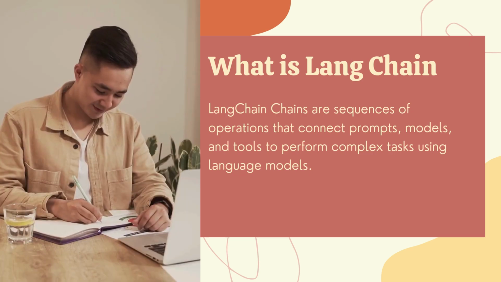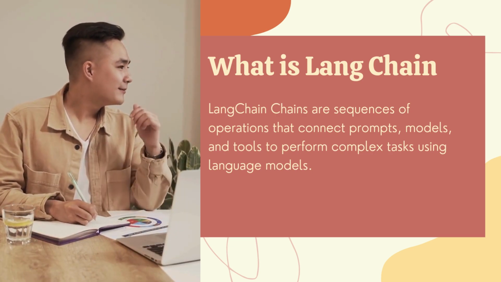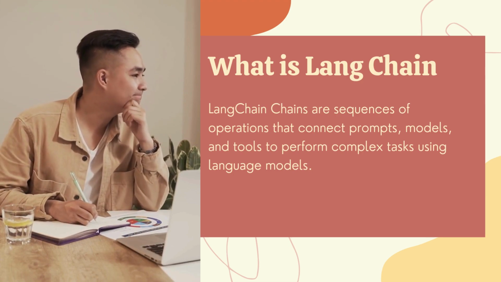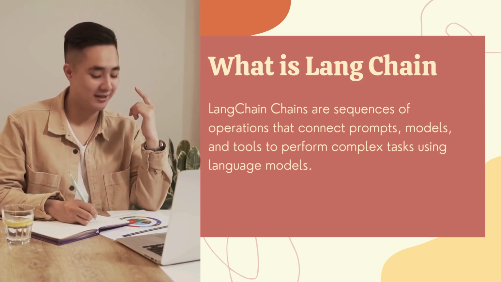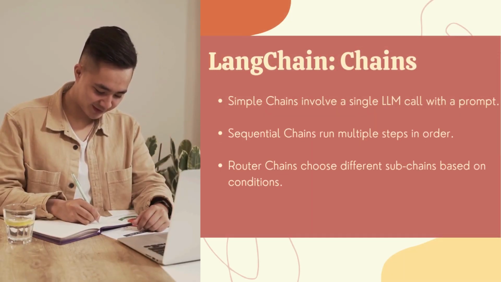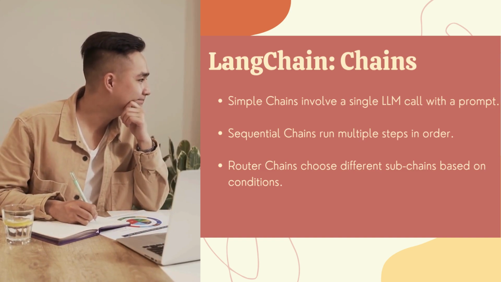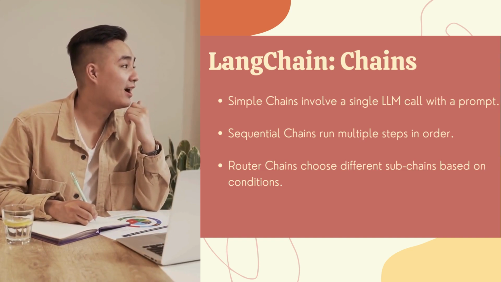Second, prompts. These are the structured inputs or instructions given to the LLM, often including variables to make them dynamic. Third, chains. We know these are the pipelines that link multiple steps, like prompts, models, and tools to perform tasks.